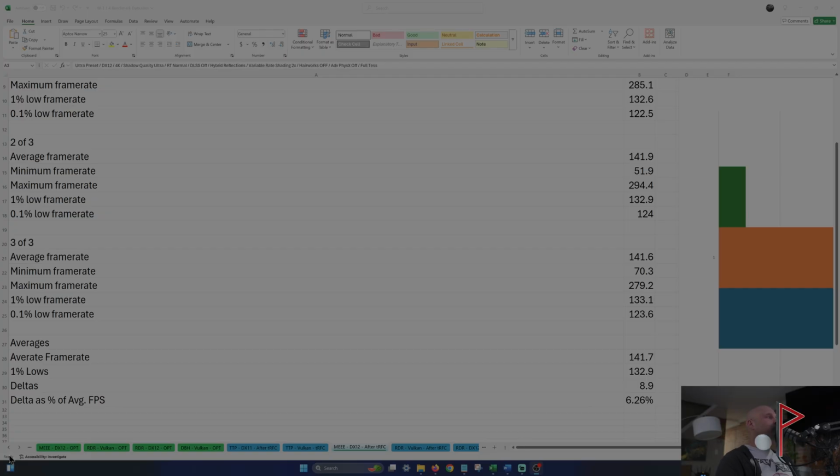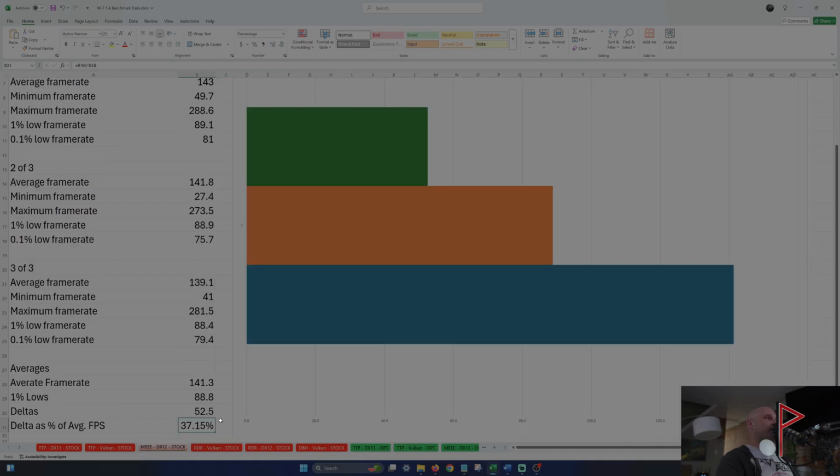Remarkable. That's DX12 after the tRFC adjustment compared to stock. 140 FPS, but almost 40% delta. Way, way lower 1% lows in the stock configuration.